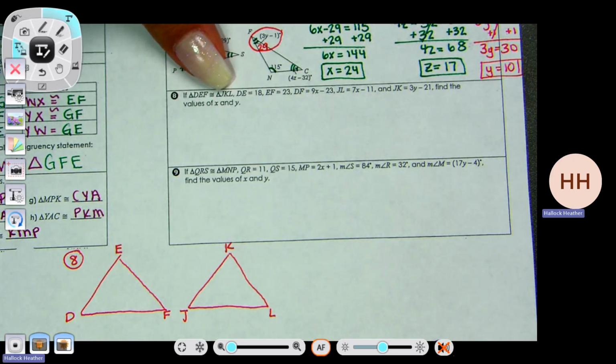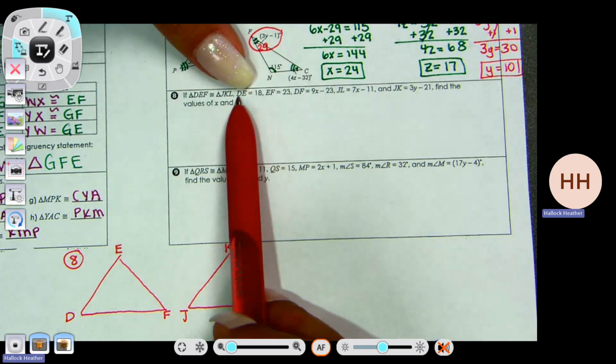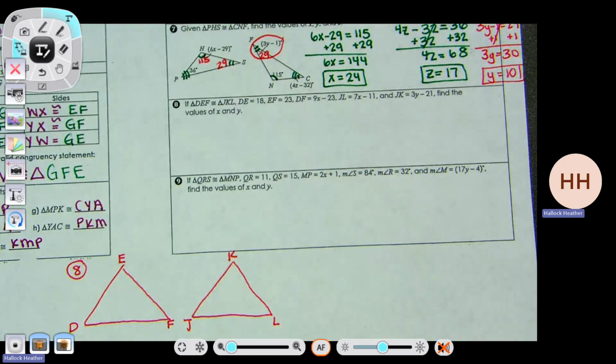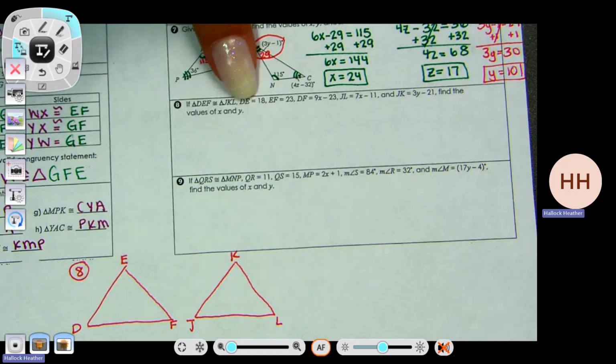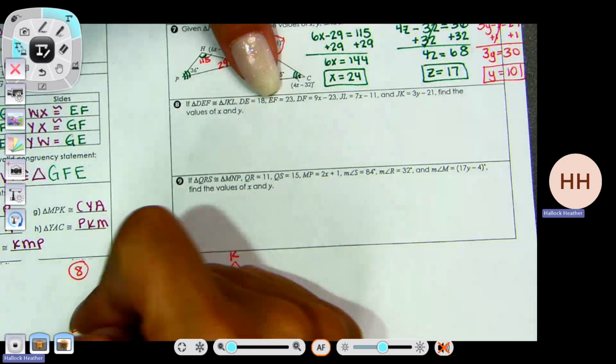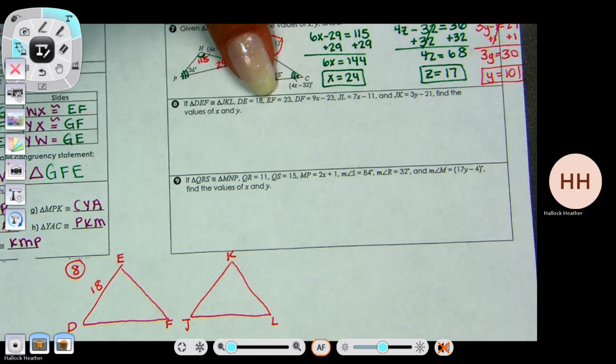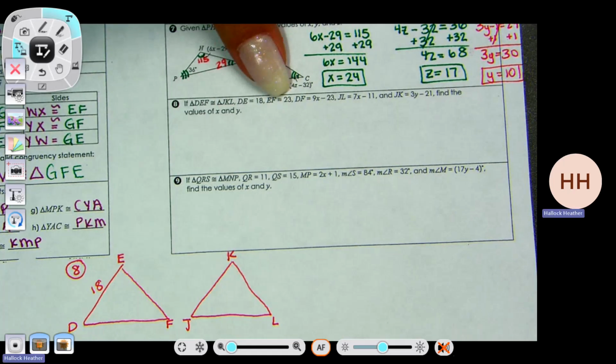Okay. Now that we have our cute little triangles, we're going to take the information and put it on the picture. Notice these use 2 letters, so it's a side length. The first side, D to E, is 18. So that goes between D and E because it's a side. The next one is EF. That's a side.